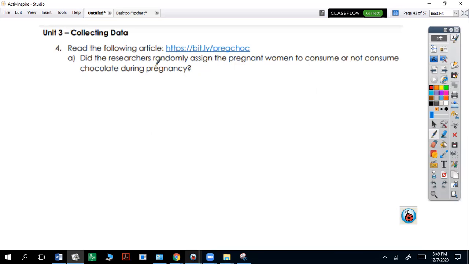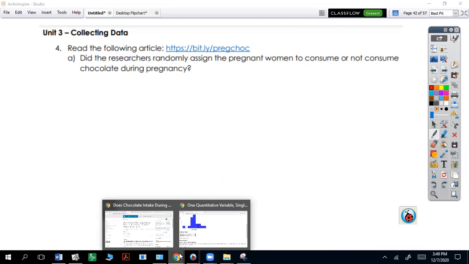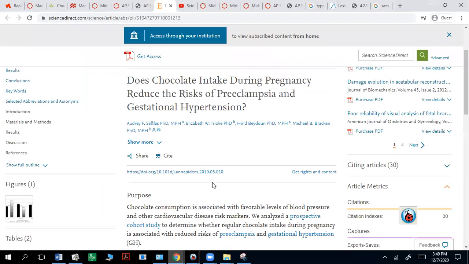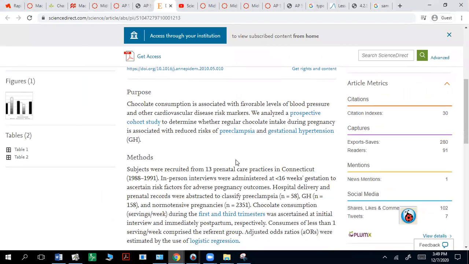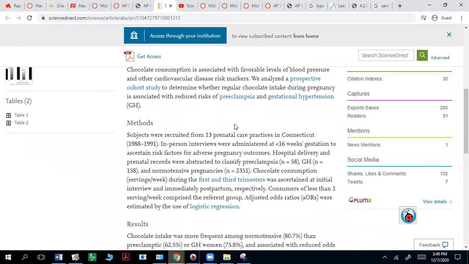We're going to read the article. We're going to see if the researchers randomly assigned the pregnant women to consume or not consume chocolate during pregnancy. So let's look at the article. Chocolate consumption is associated with favorable levels of blood pressure and other cardiovascular disease risk markers. We analyze a prospective cohort study to determine whether regular chocolate intake during pregnancy is associated with reduced risks of preeclampsia and gestational hypertension.